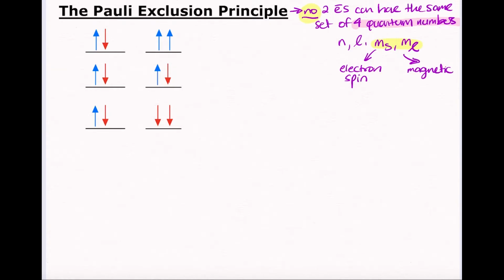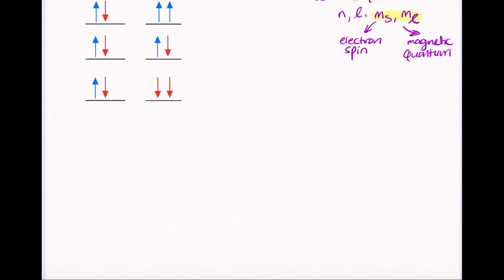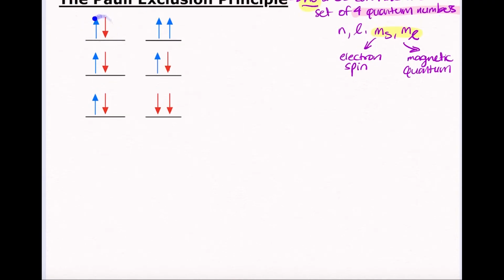The electron spin pertains to the orientation of the electron, whether it's up or down. The value of this one is going to be plus 0.5, and this one is going to be minus 0.5 because it's pointing downwards.